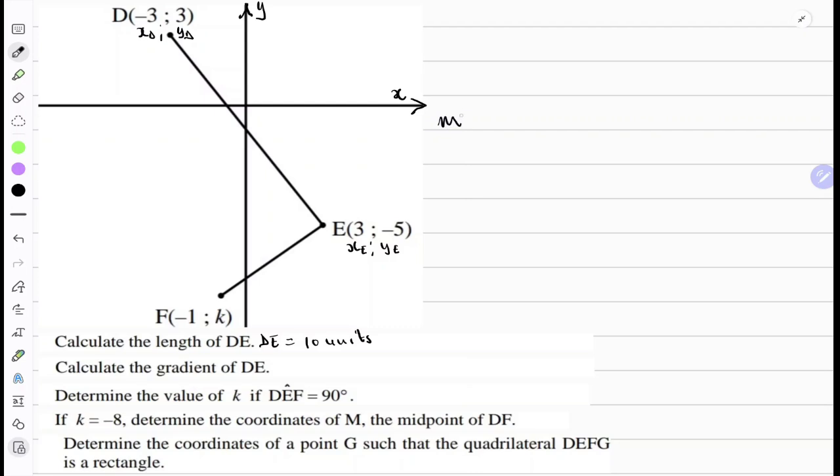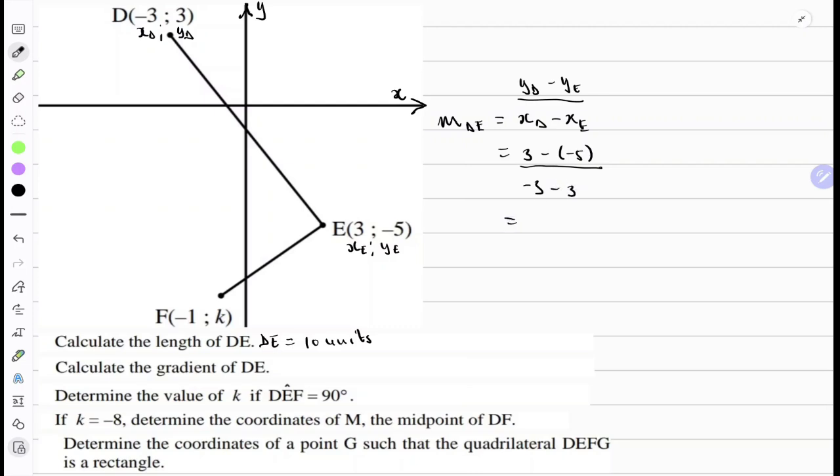So small letter m DE is equal to change in y, which is yd minus ye all over xd minus xe. So now we can substitute. Yd is 3 minus -5 all over xd is -3 minus 3.